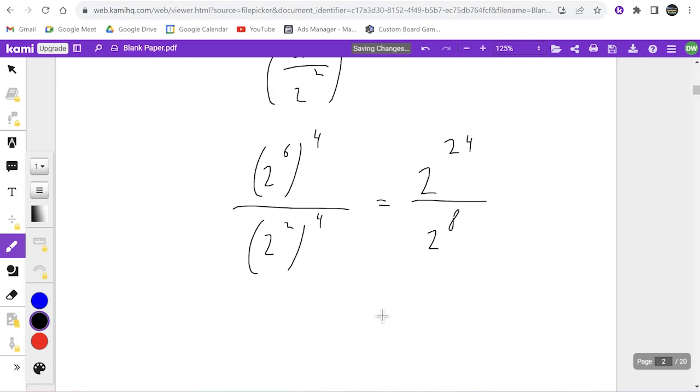And now you have division. You can just subtract them. It's going to be 2 to the 24 minus 8, which is 2 to the 16 power. It's the same answer we got before. I think this is a little bit harder with the math, so I prefer the other way first. Deal with the parentheses first, then raise it to the power last. Any questions with that one?